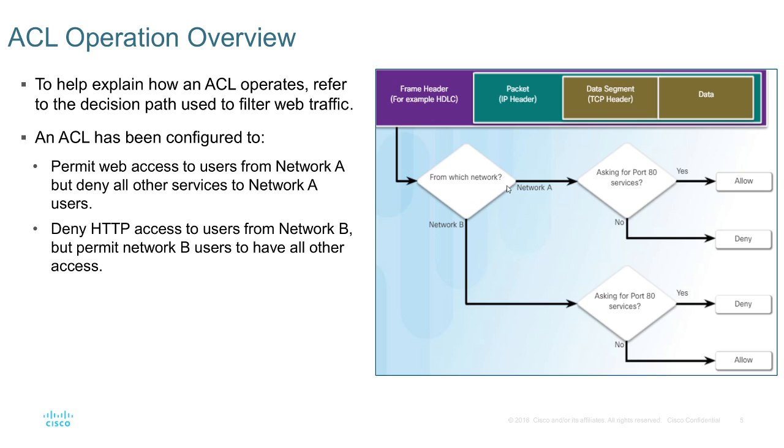So we will look at a few things, that is, from which networks or from where the traffic is coming. We can have some rules about that, whether it is coming from network A or network B, and then we can ask what service or what port it is trying to access, whether it is asking for port 80 or not.